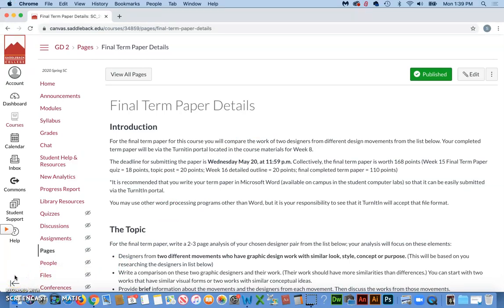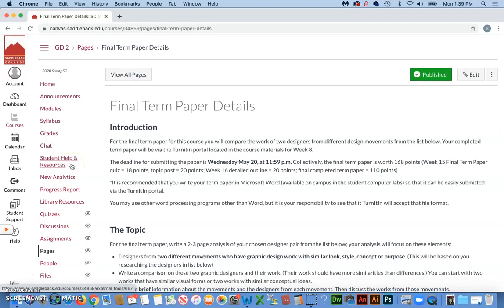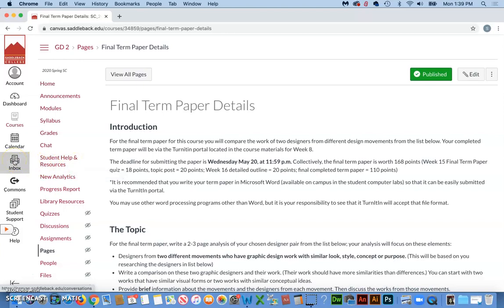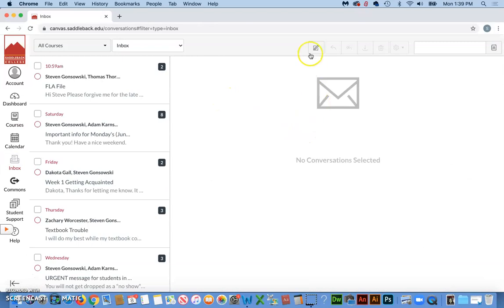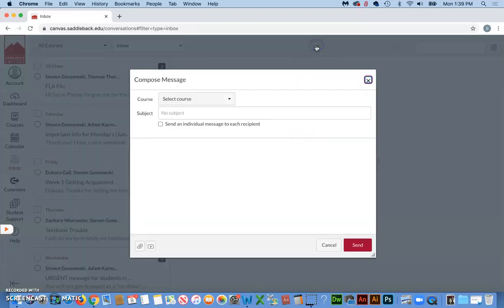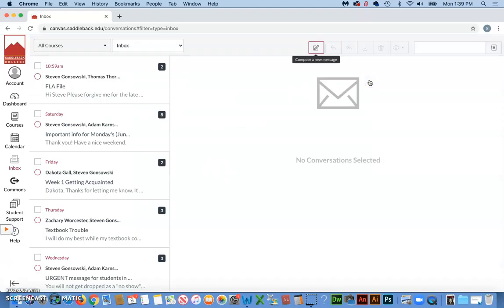And one final big reminder is when you email me, please make sure that it is through Canvas. As I explained last week, you click on the inbox icon here, and then choose your class. Well, actually, first you click on this, then you choose the class, give it a subject, and reach out to me that way. Now that even includes if I make a comment, for example, on your grade, please don't just comment back on that.